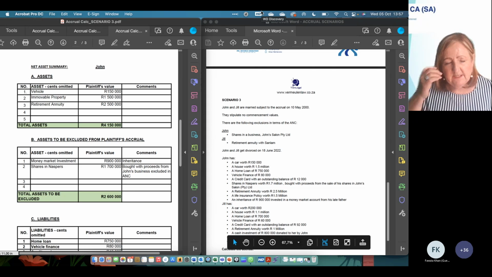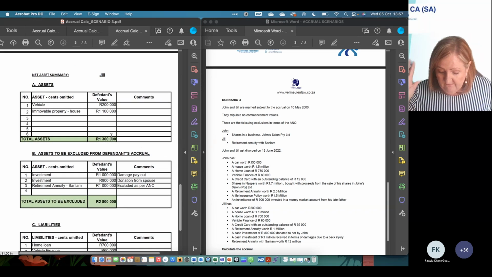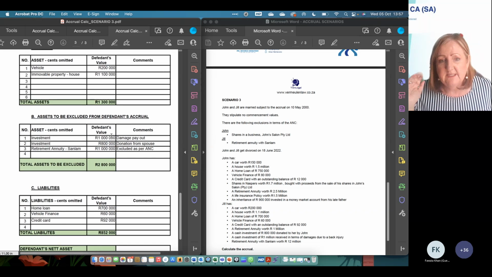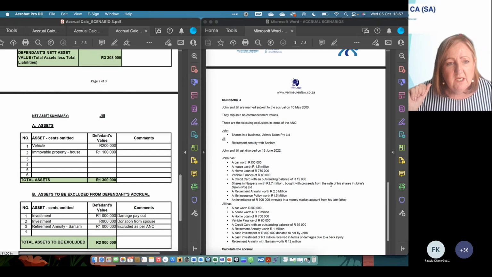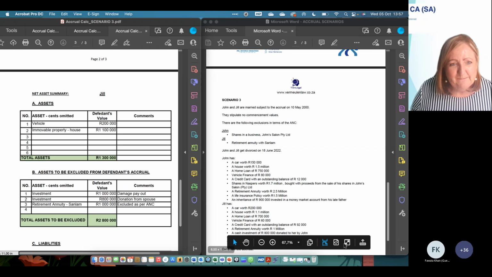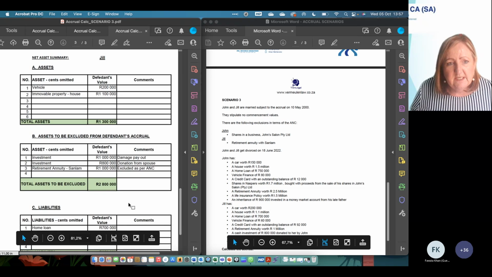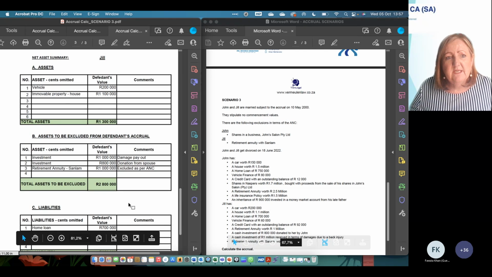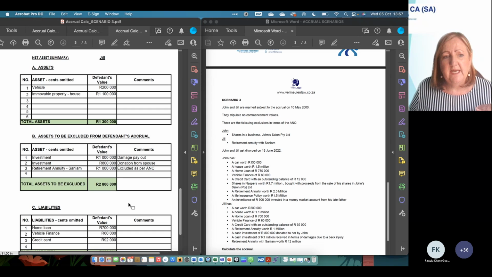Okay, so next slide, please. Mervyn, when you said the scenario said 12 million for Sanlam, it's a typo, sorry guys. It's actually supposed to be 1 million, because that will talk to my calculations here. So if we go to Jill, we'll see Jill's retirement annuity was first in the other scenarios also included in the assets.